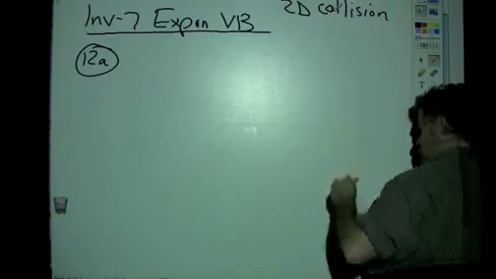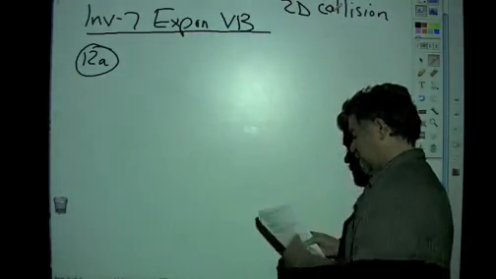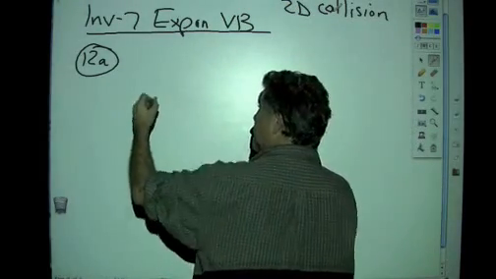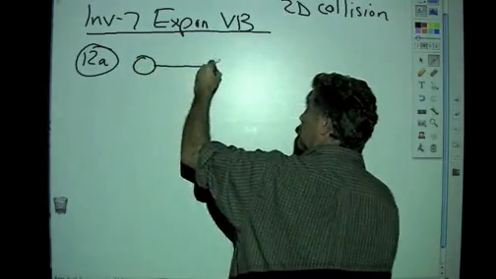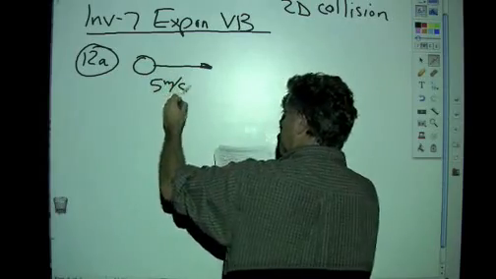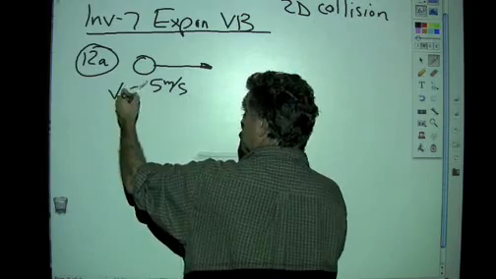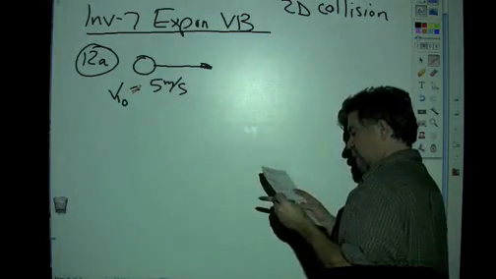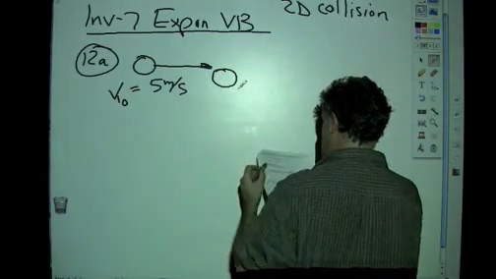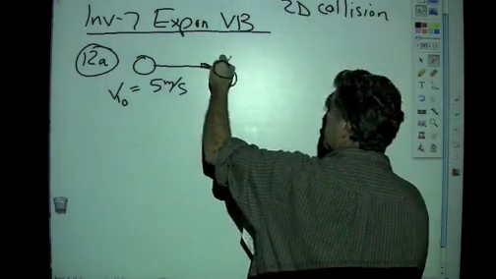There's still conservation of momentum, but now it's conservation of momentum of the X and conservation of momentum of the Y. So we've got a billiard ball moving at 5 meters per second, V1 naught, that strikes a stationary ball of the same mass, and we know all billiard balls are the same mass. After the collision, the first ball moves at 4.33 at an angle of 30 degrees, so it's going to glance off this way.